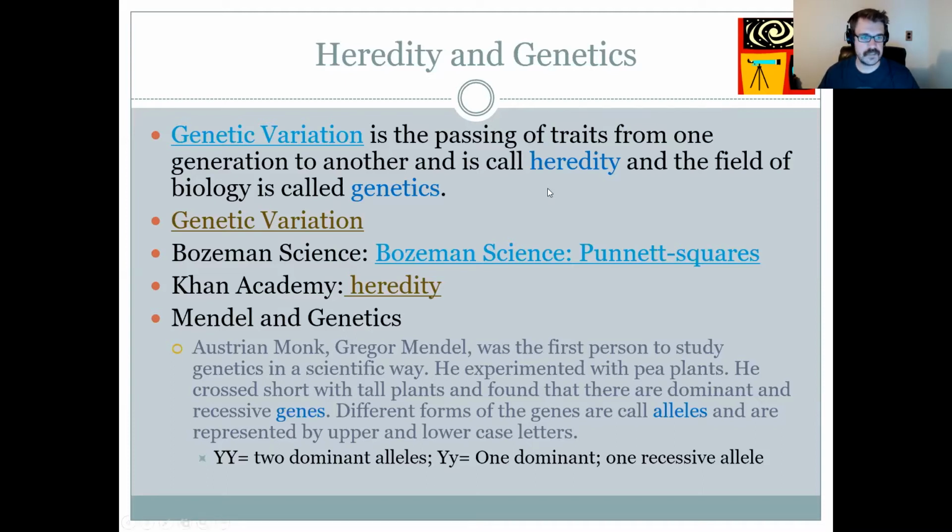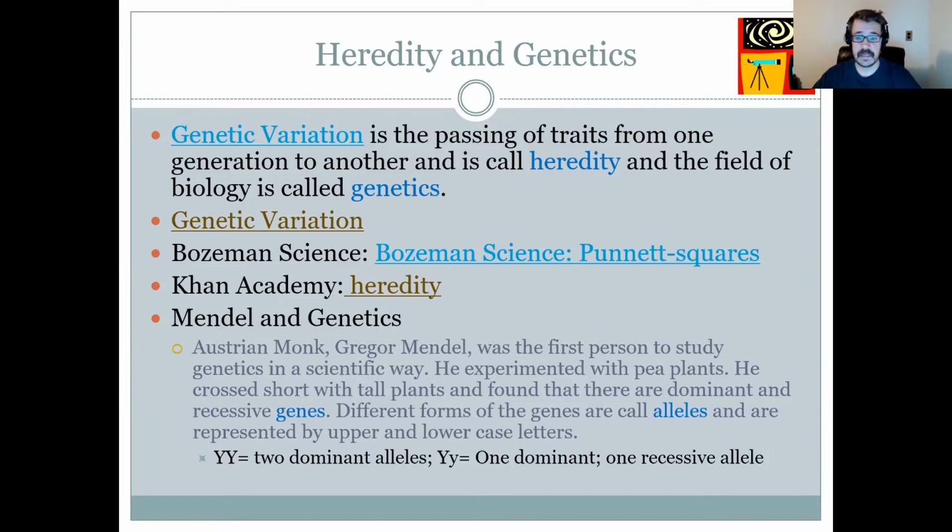So basically, the person who kind of discovered genetics, or at least genetics in the sense of how genes are passed down, was this Austrian monk named Gregor Mendel. And Gregor Mendel, he was a monk, and he decided to start experimenting with pea plants.